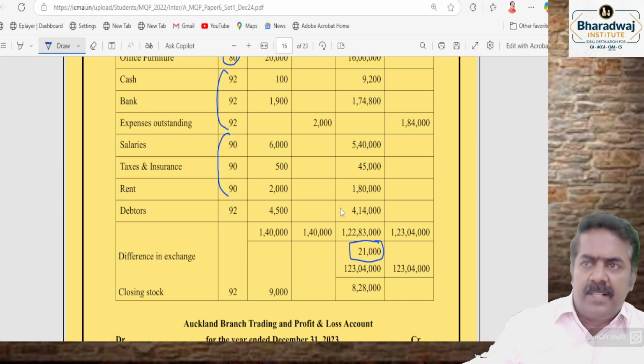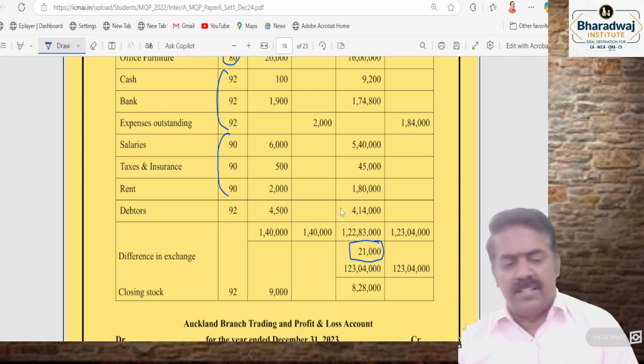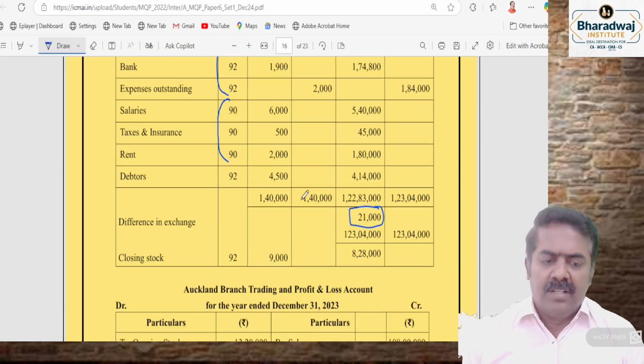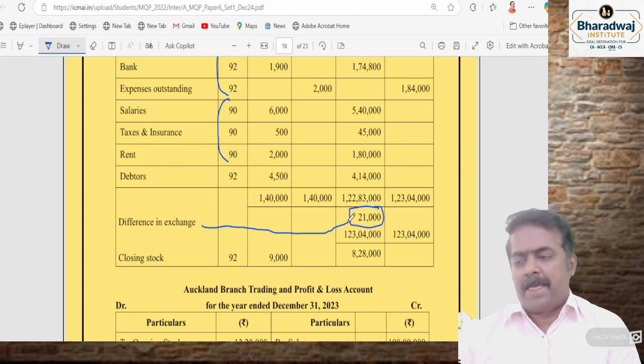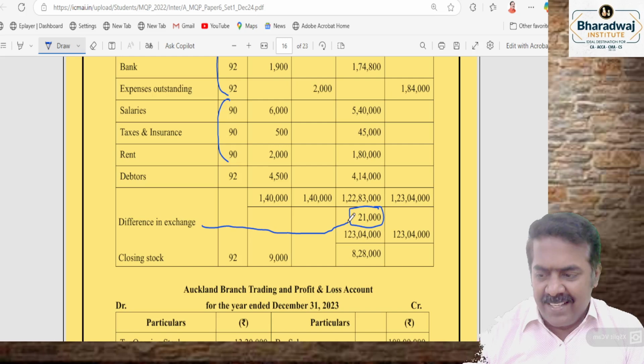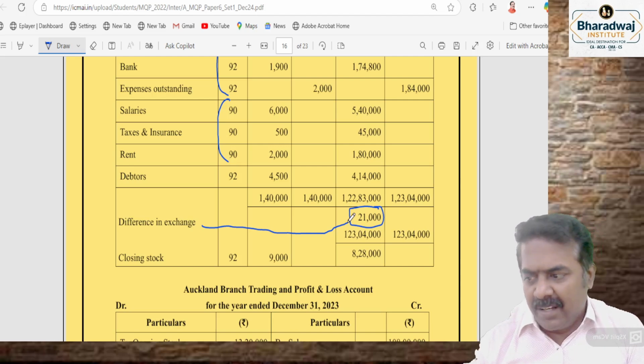21,000 coming on the debit side. Difference in exchange. This difference in exchange is the gain or loss. We are not doing the P&L account, please remember. We are doing which one?